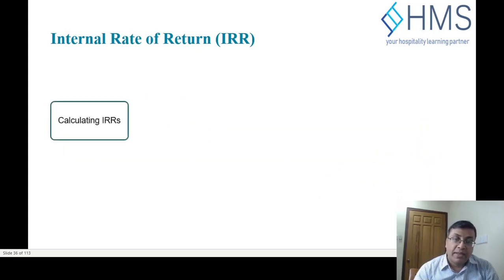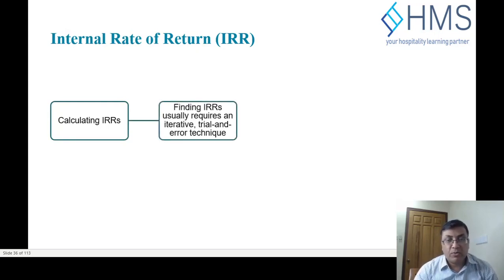Now let us take an example and a method. How do we calculate the IRR? Calculating IRR requires certain steps. First, it requires a trial and error method. You can use manual calculations, you can use financial calculators where you just press the button and get the IRR, or you can use Excel spreadsheets. Either way is fine.